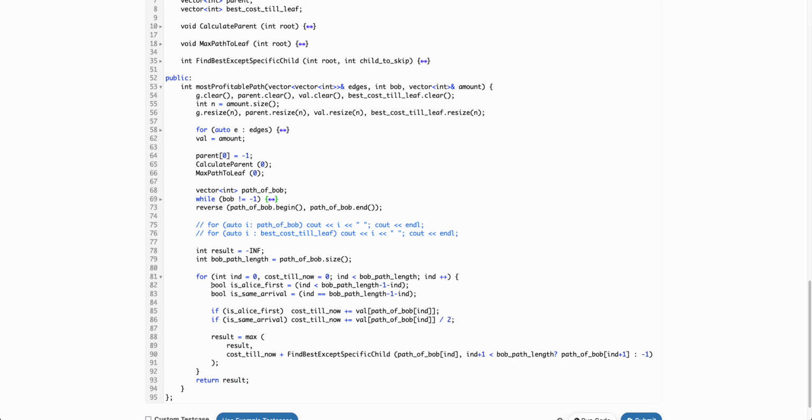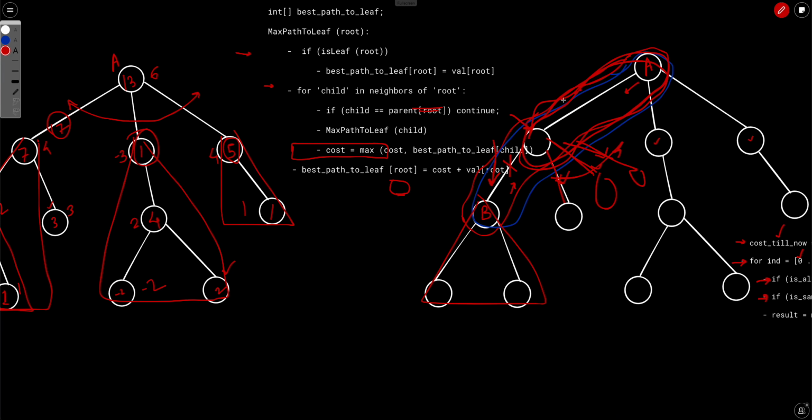As discussed, you will also maintain this cost till now value, which denotes the cost of the prefix that you have already taken, right? So let's say this is the common prefix that you consider. This cost till now will contain the value of this particular prefix.